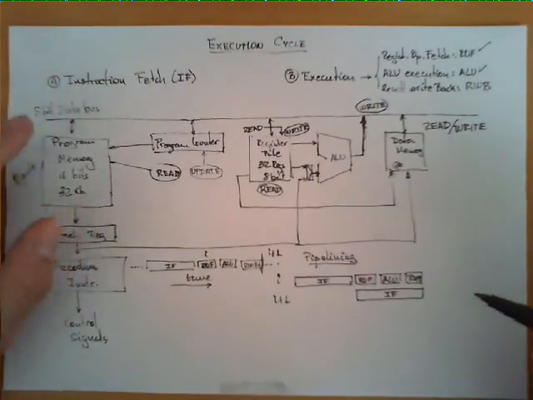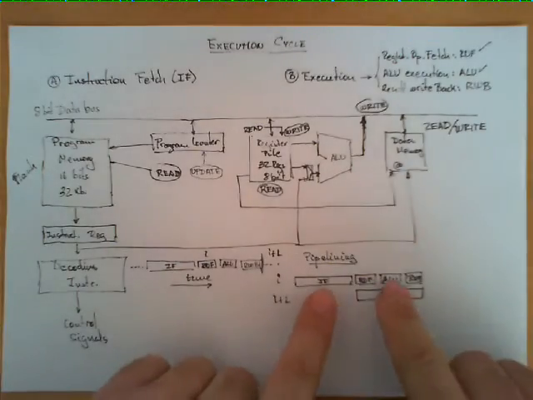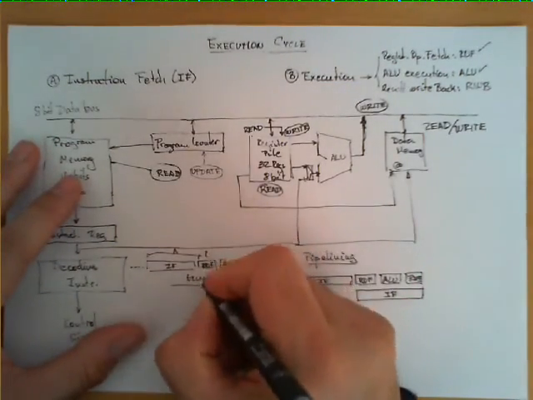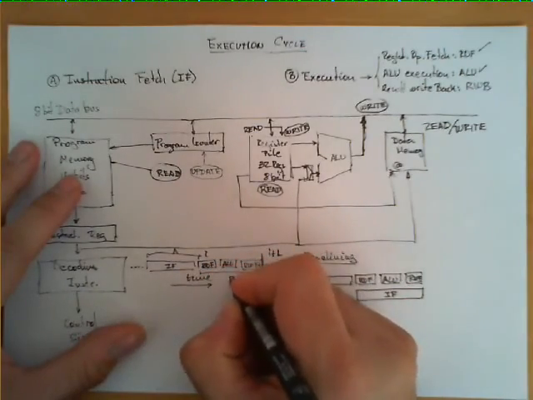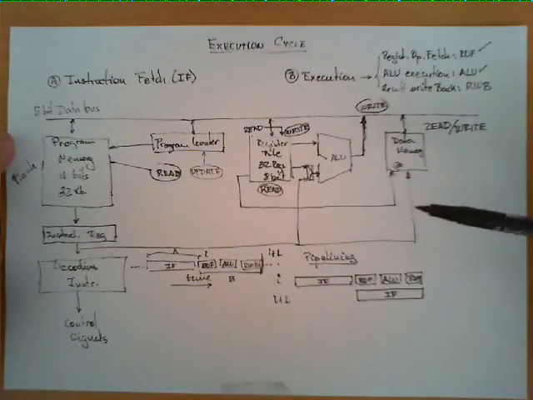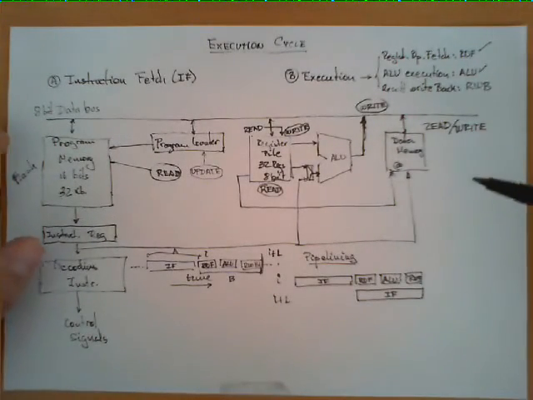In other words, we take these two blocks, this would be part A, this would be part B, and we give the processor the possibility of executing them in parallel.